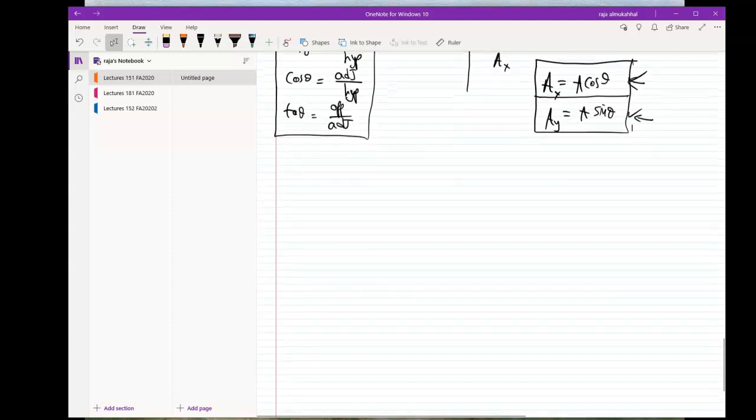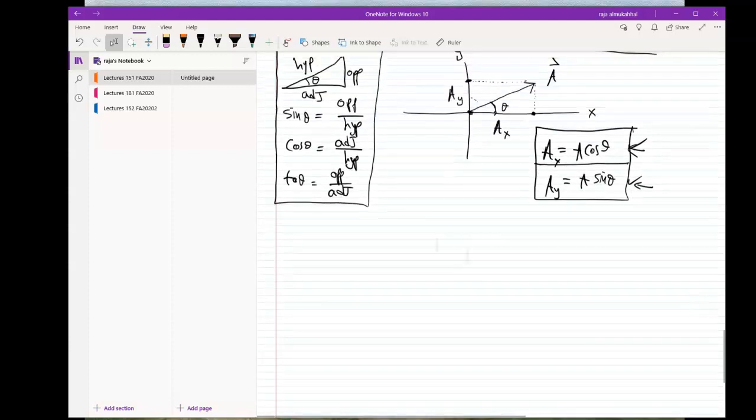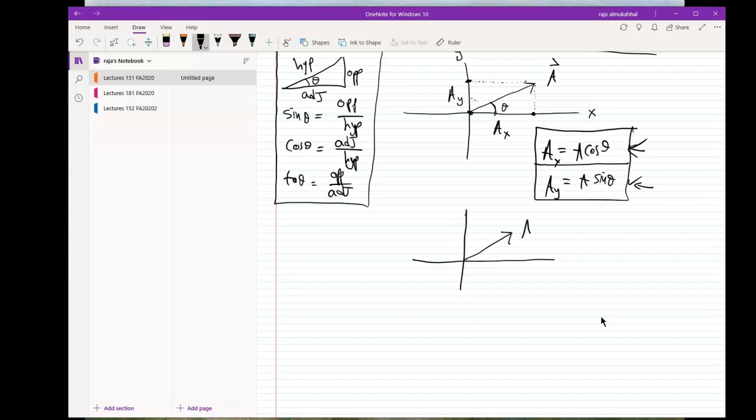What does that mean? Let me give you a simple example before we do a heavy problem. Here's my Cartesian plane. Let's say I have a vector A, and let's say it's 5, whatever it is, 5 pounds or 5 meters per second. And let's say the angle here is 30. So A sub x in this case is going to be what? Look at those formulas right there.